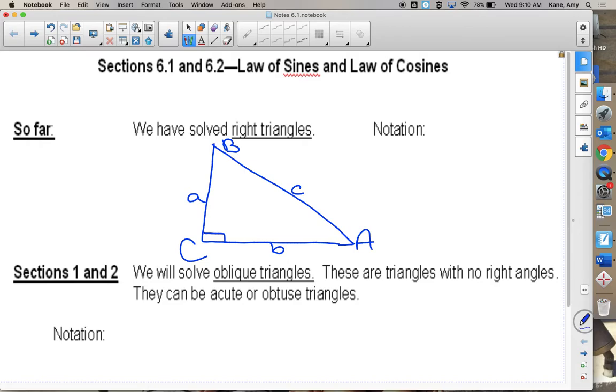Uppercase always represents an angle. You'll very rarely see in trig the little angle mark you would have used in geometry. If it is an uppercase A, it's always an angle. So it's implied: uppercase are angles, lowercase are sides.